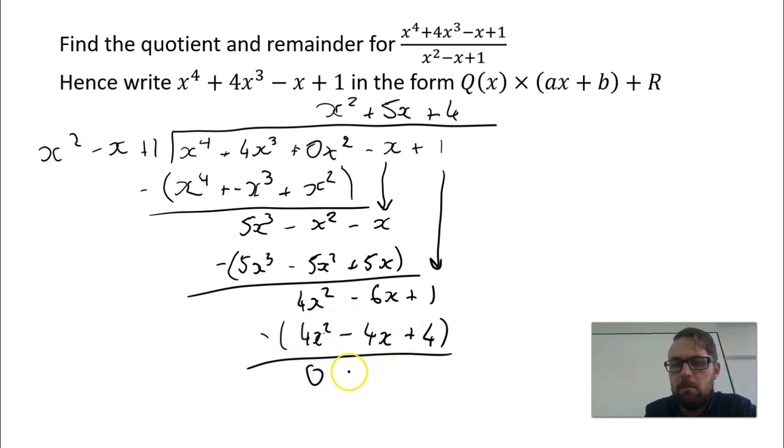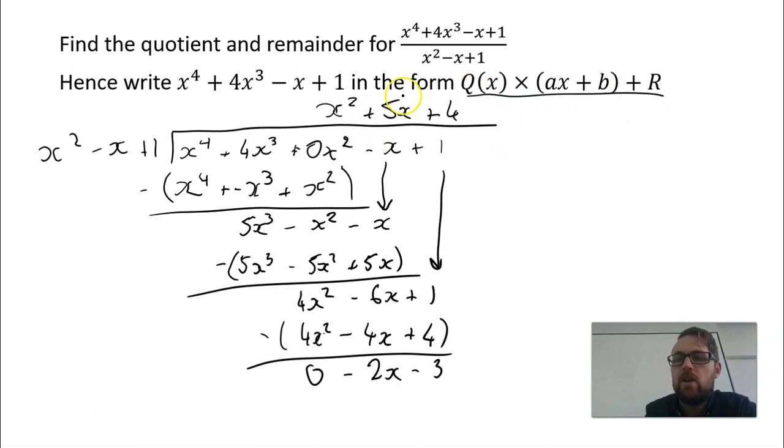This is going to be plus, so negative 6x plus 4x is going to be negative 2x. And then 1 minus 4 is going to be negative 3. Okay, so that's what we're left with at the end. That's going to be our remainder at the bottom. So what have we been asked to do? We've been asked to write it in the form q of x times the divisor plus the remainder.